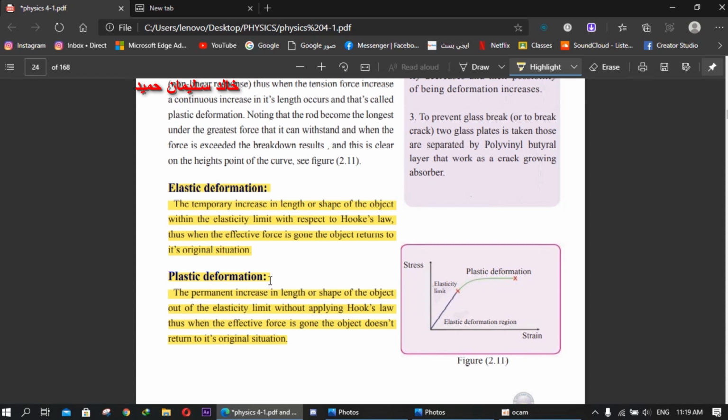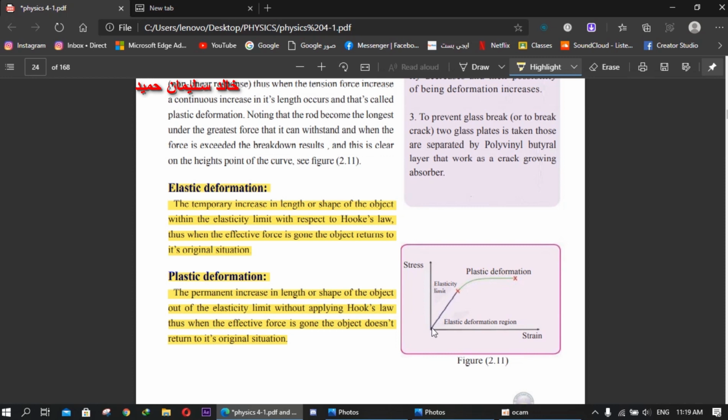So the question is, what is the difference between elastic and plastic deformation? Elastic deformation is a temporary deformation. We can plot this graph between the stress and strain to show the elastic and plastic deformation.